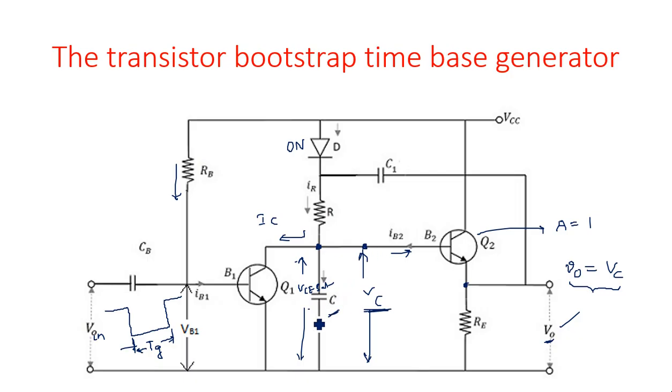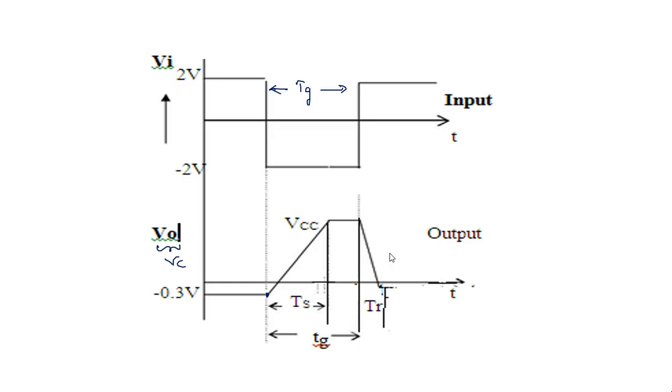It charges and tries to charge up to VCC. But when it charges up to the cut-in voltage of transistor Q2, it automatically maintains a constant voltage across the switch. It maintains the same voltage for some period until the gating pulse returns.